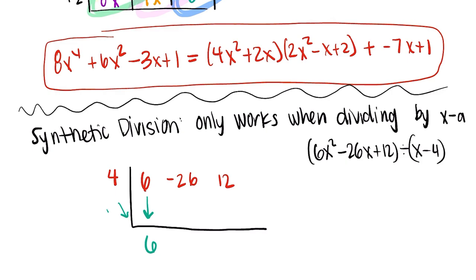So we take the 4, multiply by the 6. We put our answer here, which is 24. And then we just added, which gives me a negative 2. And then we just repeated this process until we ran out of numbers. So 4 times negative 2 gave me negative 8. 12 minus 8 gave me a 4.